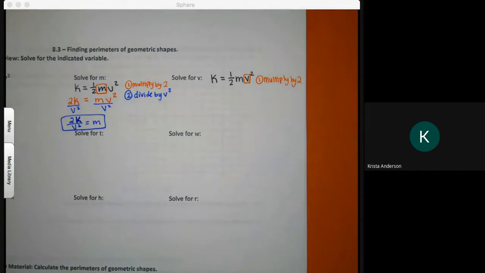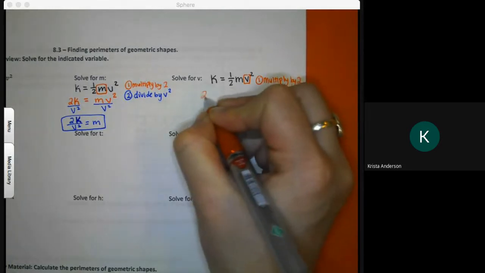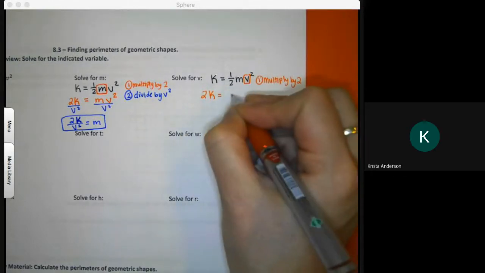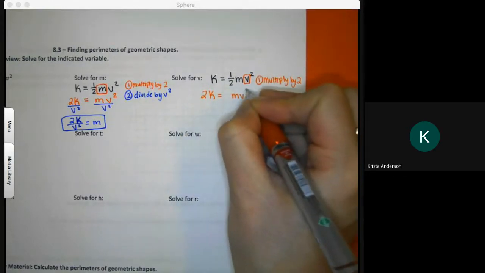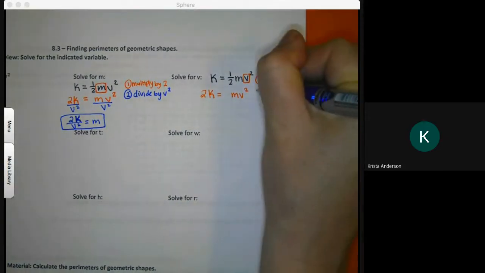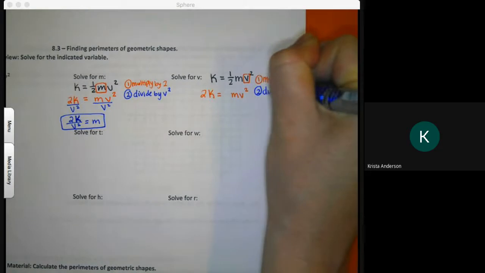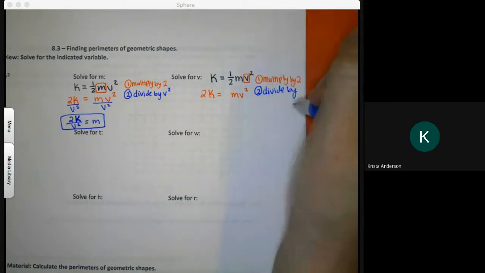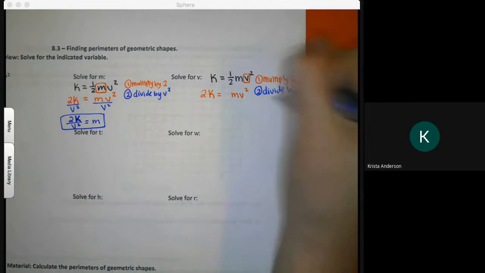When I multiply by 2, I get 2k equals, the half is gone, mv squared. I'm going to divide by the m this time.